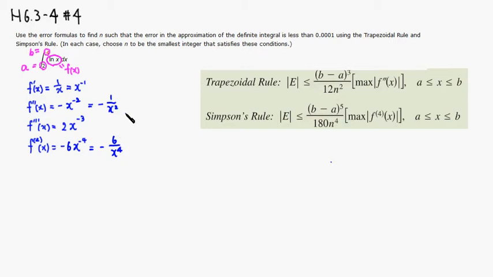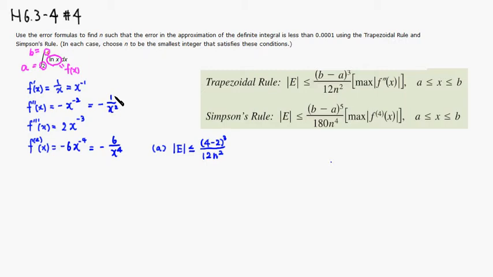Alright, so let's do the trapezoid rule, part A. The error is bounded by 4 minus 2 cubed, over 12 n squared, times the maximum of f double prime. We want to make this as large as possible.